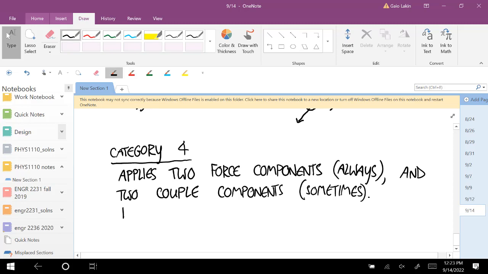That means that it introduces two or four variables, depending on the setting. That's right. It's either it applies couples or it doesn't.